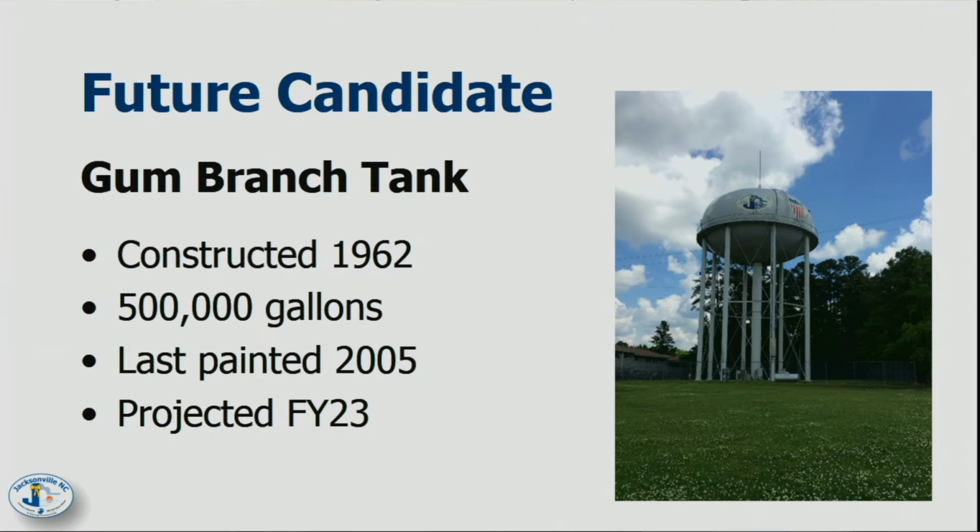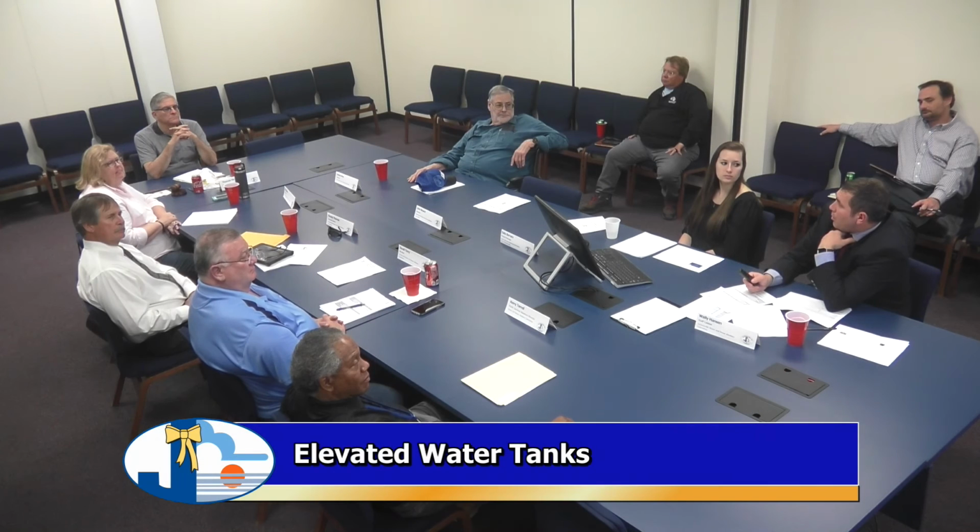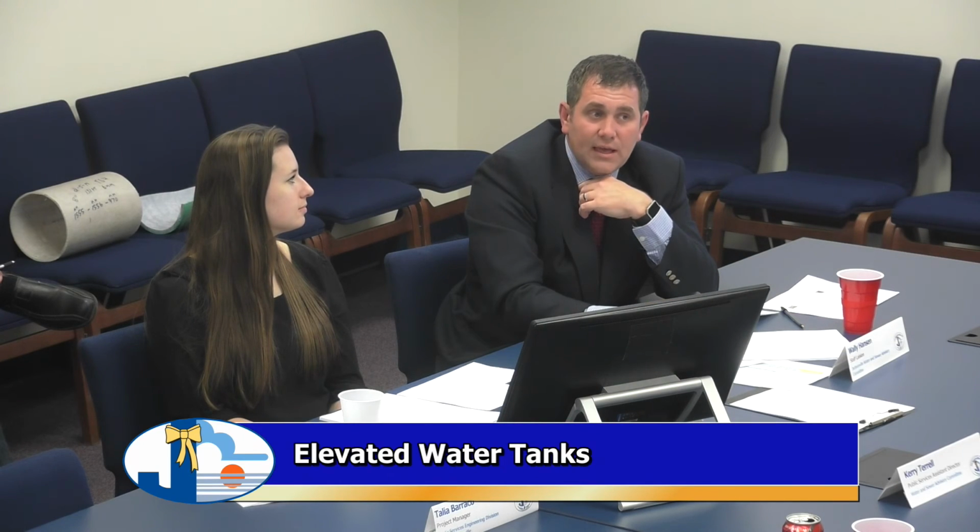And we haven't mentioned it, and I don't have a picture of it, but we actually have a 2 million gallon ground storage tank at the water treatment plant that is not on asset management, that at some point in the future we'll probably need to look at also, but that would be further out. Is that included in the water plant's money for now? Right now, Joe's people do a very good job. They've just recently pressure washed the entire tank.